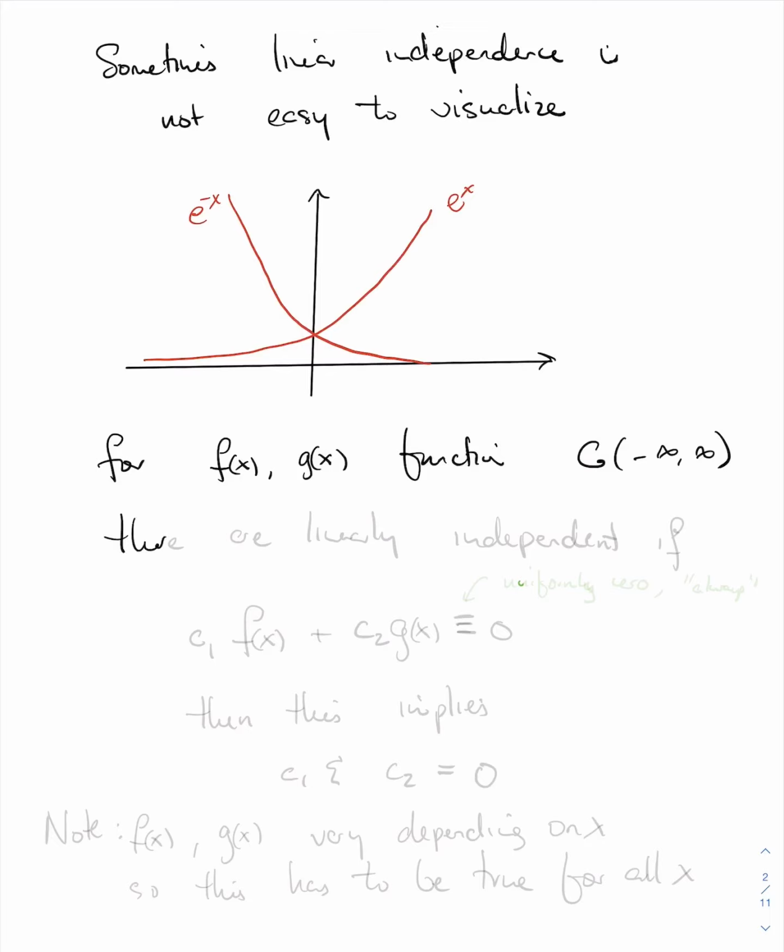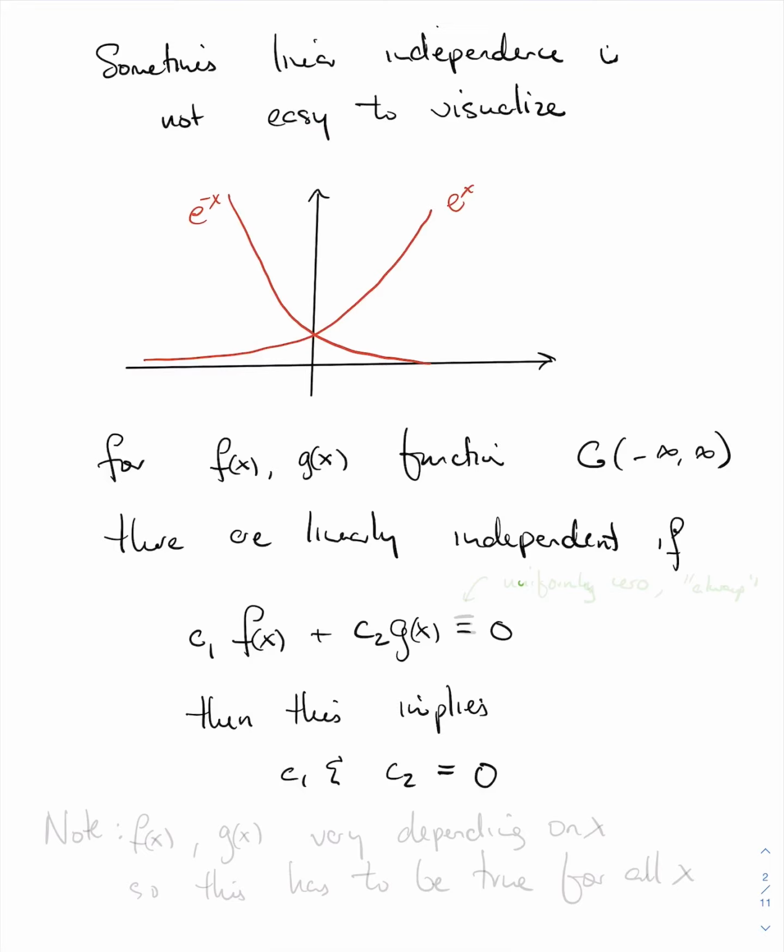They are linearly independent if c1 f of x plus c2 g of x equals 0 implies that c1 and c2 have to be 0.